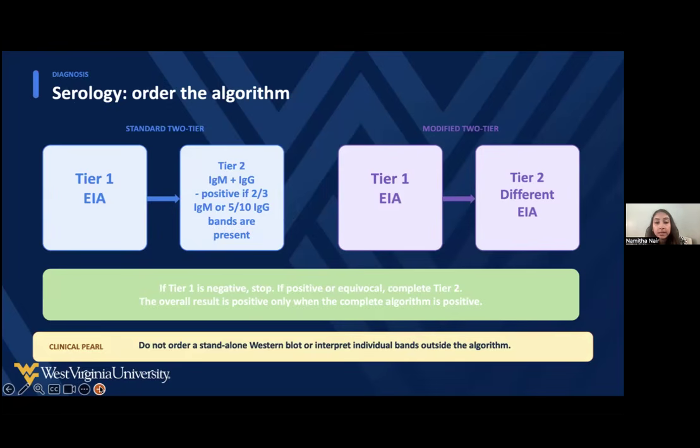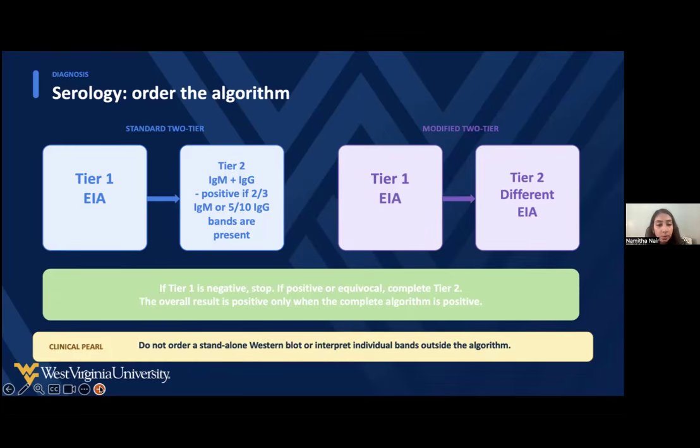With positivity of 2 out of 3 against the IgM or 5 out of 10 IgG bands, that is a confirmatory Western blot for Lyme's disease. And there's a modified 2-tier where you do an ELISA screen initially, and then a different type of ELISA as the second one. But I think common practice is to just go ahead with the screen followed by the Western blot for confirmation.